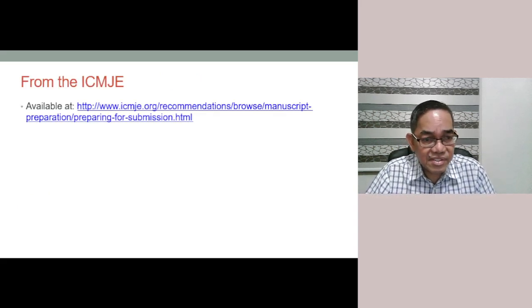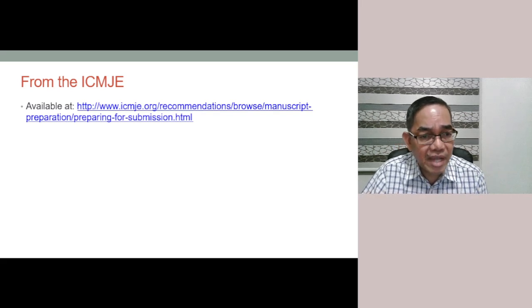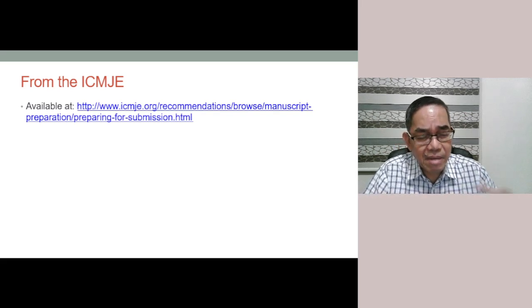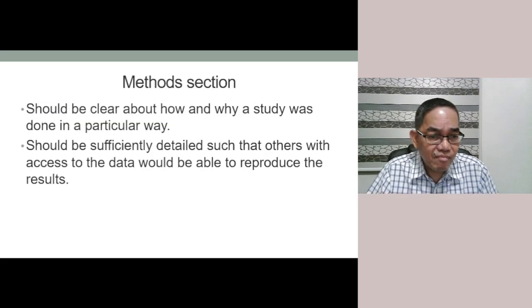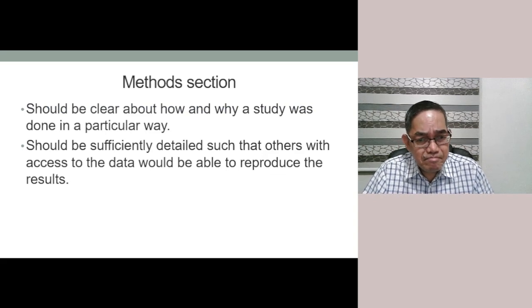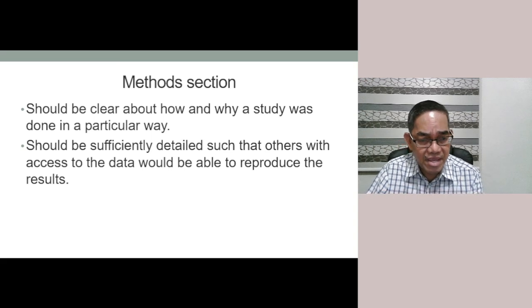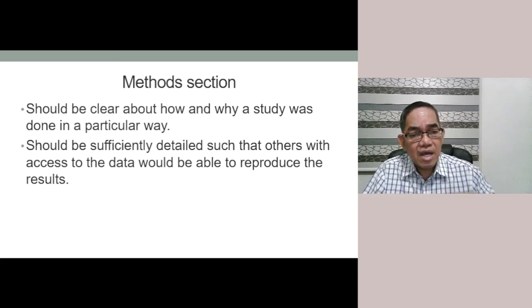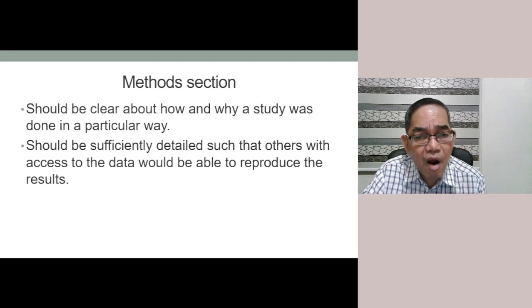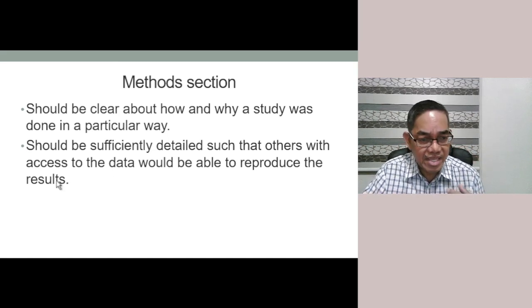And this is my reference from the ICMJE. ICMJE is International Committee of Medical Journal Editors. The methods section should be clear about how and why a study was done in a particular way. The clarity about, more especially, the how and the why.